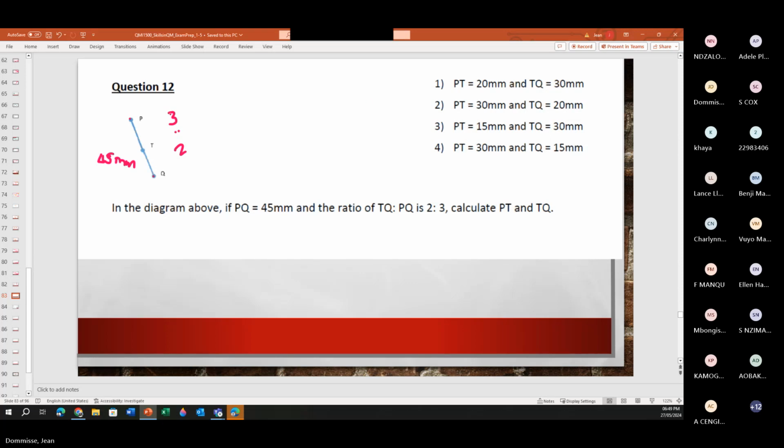So if PT is 20 and TQ is 30, that will be 50. Okay, and we only be able to work out 45. So that's definitely not right. If PT is 50, TQ is 20, that's also 50.